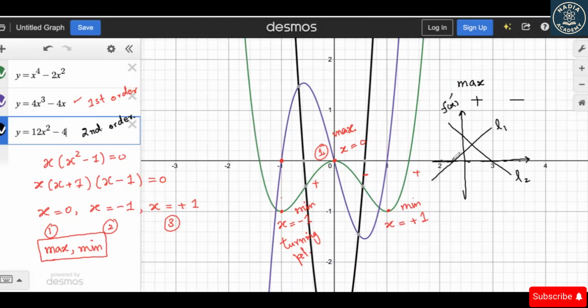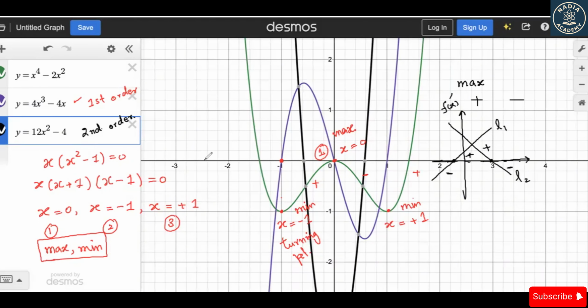From the point where it cuts the x-axis, this first order derivative is negative, then it goes to positive values. For line number two, up to this point the gradient is positive and then it is negative.